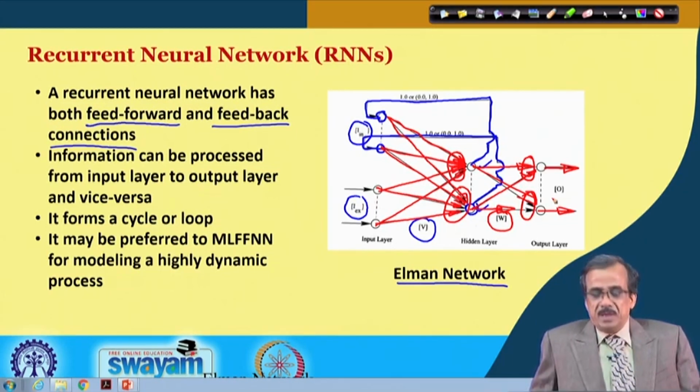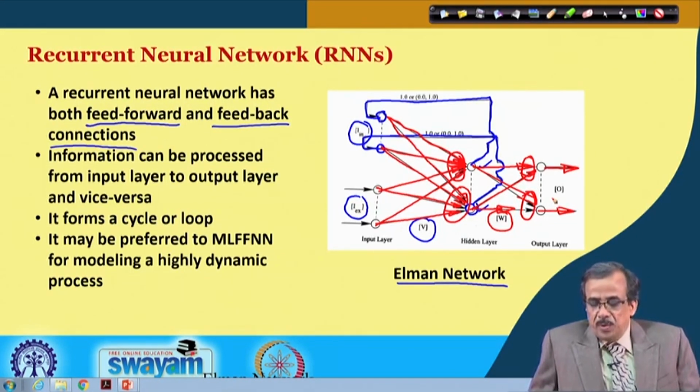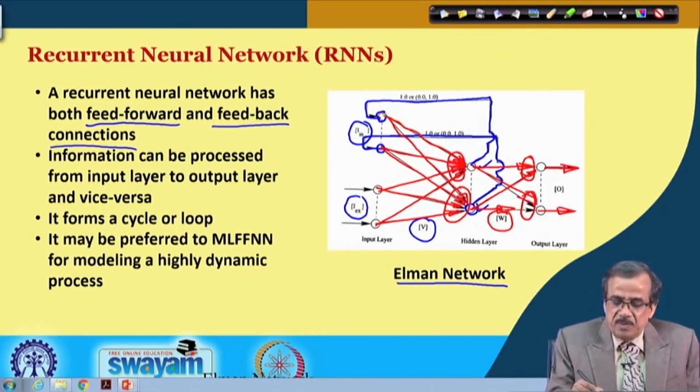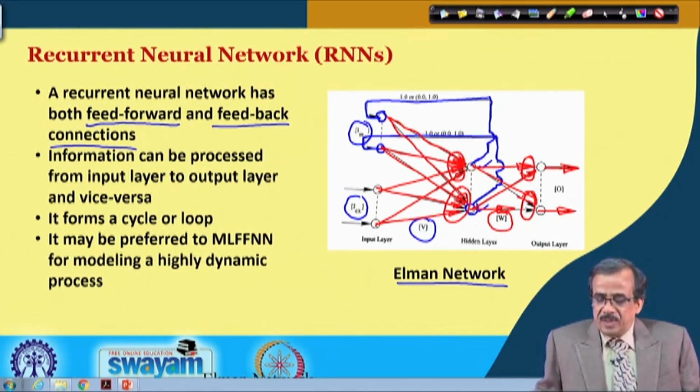Now, to summarize, we take the feedback from the hidden layer, and we consider either 100% of the output of the hidden layer or slightly less than 100% as feedback. This feedback is considered as input to the hidden layer once again, and then it is passed, and ultimately we will be getting the output.